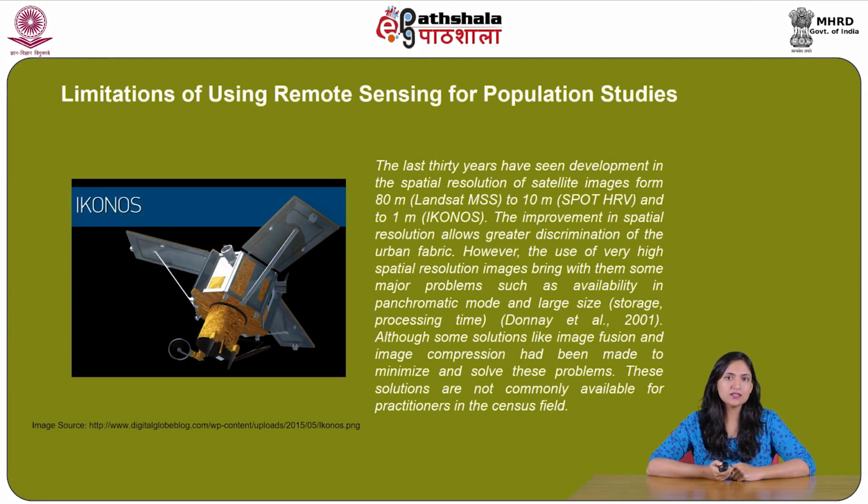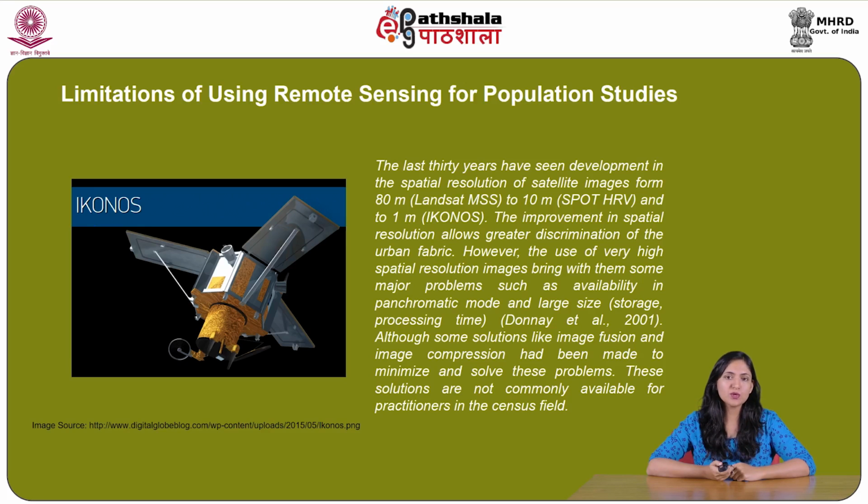The last 30 years have seen development in the spatial resolution of satellite images from 30 meter Landsat MSS to 10 meter SPOT HRV and 1 meter IKONOS. The improvement in spatial resolution allows greater discrimination of the urban fabric.